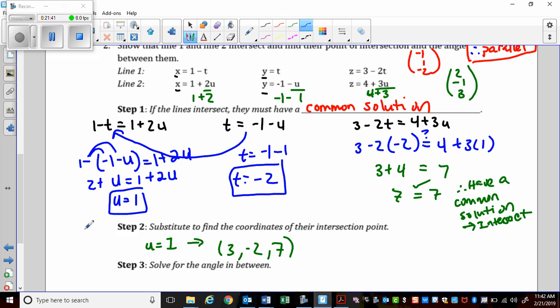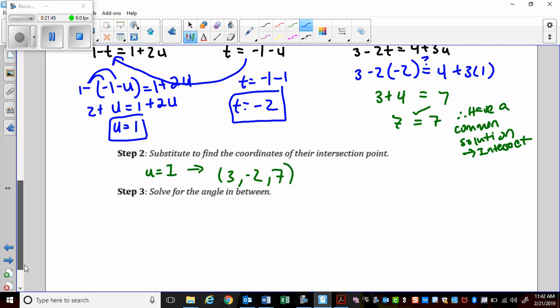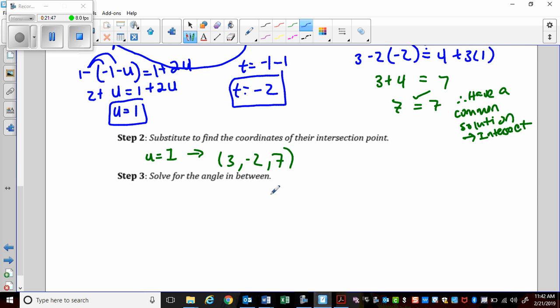Solve for the angle between them. Well, we have a formula, but we need our directional vectors. So we're going to make sure that we use the directional vectors, and we're going to use our formula.